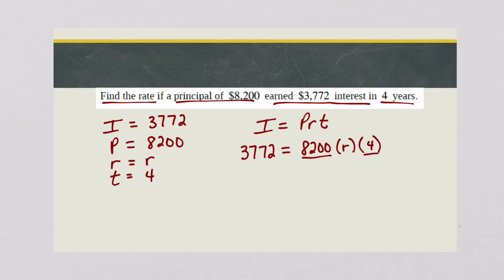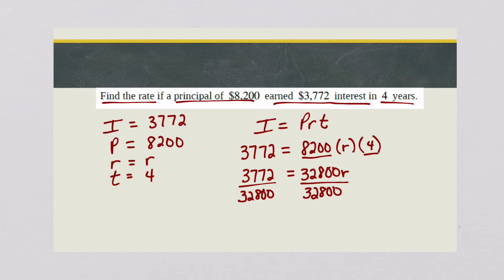So I'm going to multiply 8,200 times 4, and I get 32,800 times R is equal to 3,772. Again, in order to get that R by itself, I have to divide. So I'm going to divide by 32,800 on both sides.